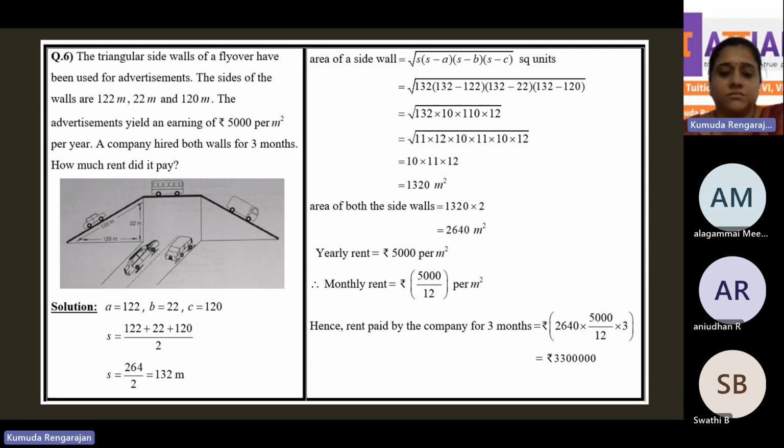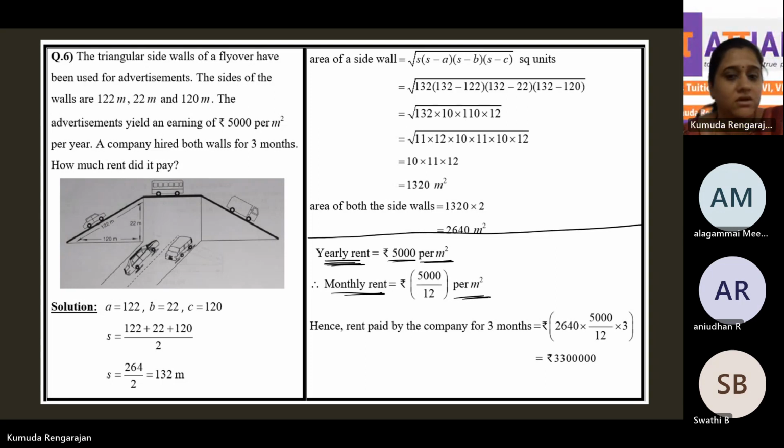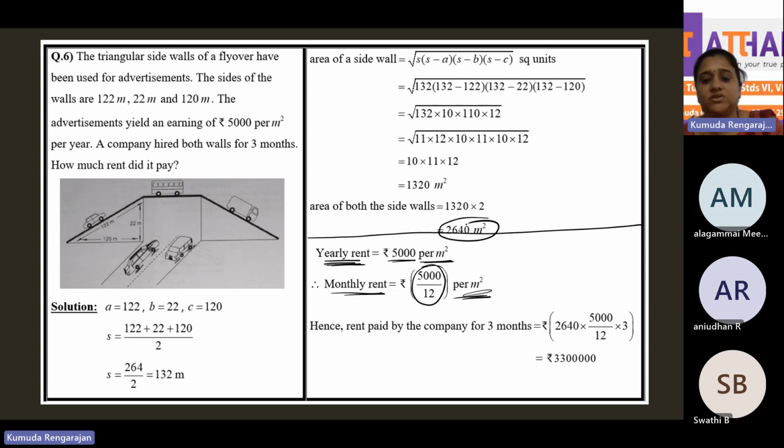All right. So after this, what you see here is the yearly rent, because it is for 12 months. The yearly rent is 5,000 rupees per meter square. So the monthly rent will be 5,000 by 12 per meter square. So this is now the monthly rent, correct? Per meter square. So what is the total meter square you have hired? 2640.